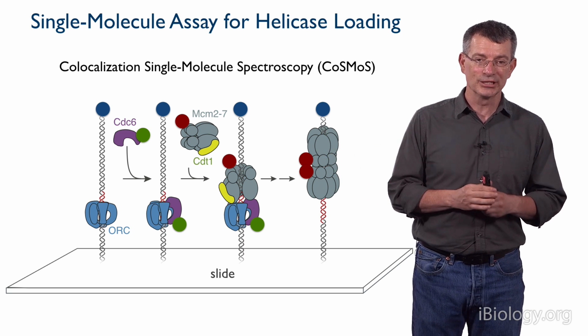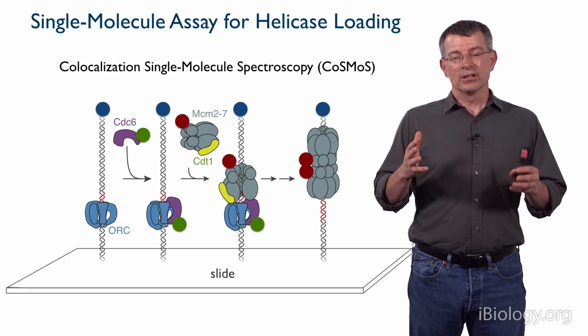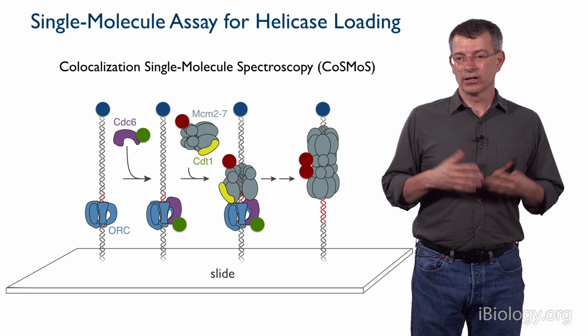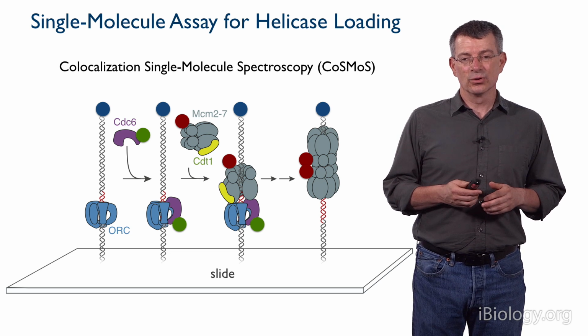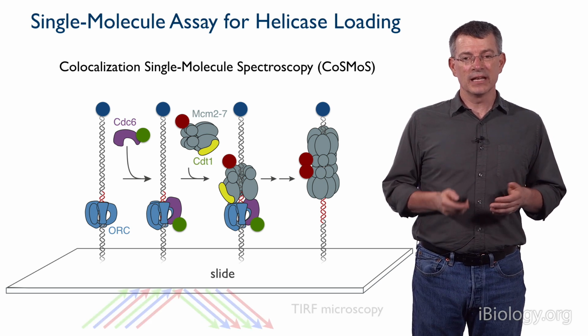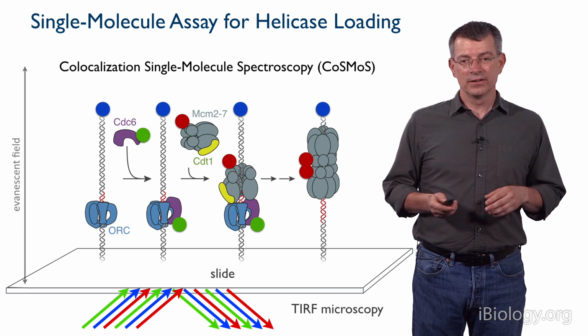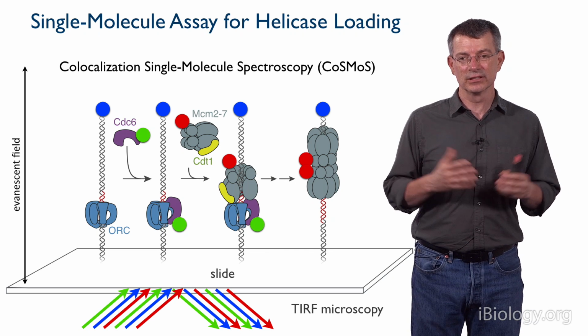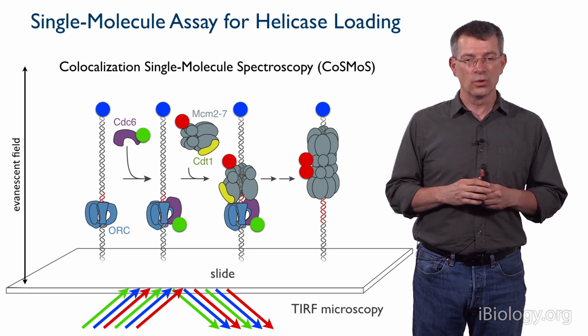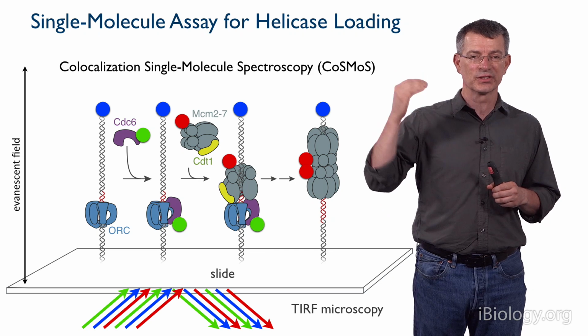So at this point, we use something called TIRF microscopy, or total internal reflection microscopy, in order to create what's called an evanescent field of illuminated molecules. And this evanescent field, importantly, only stretches about 100 to 200 nanometers above the surface of the slide.